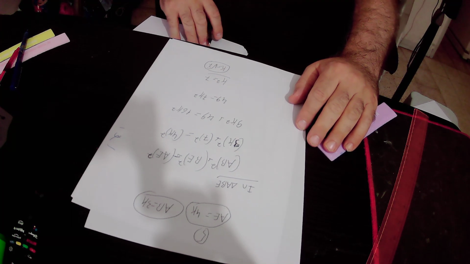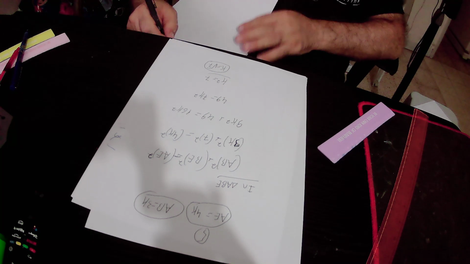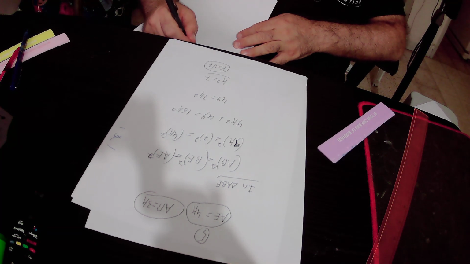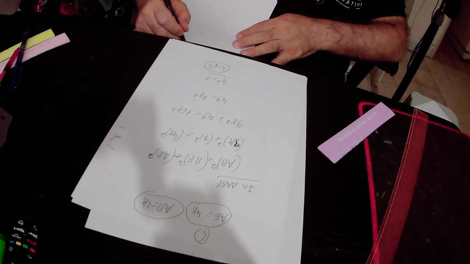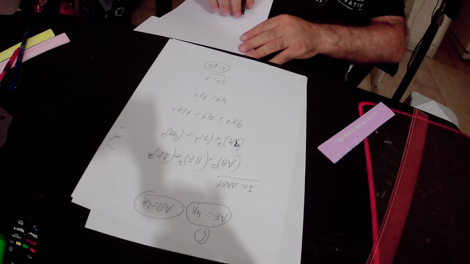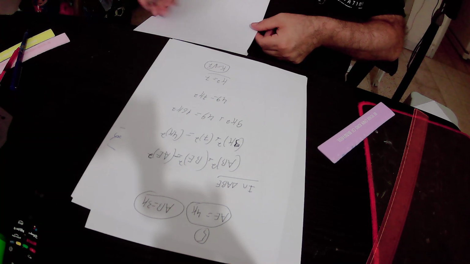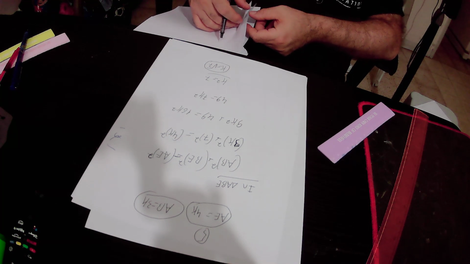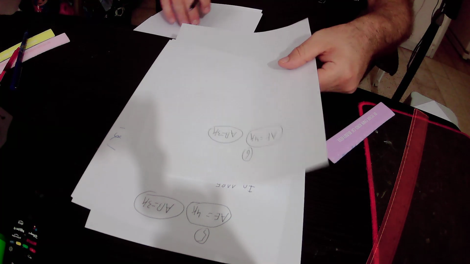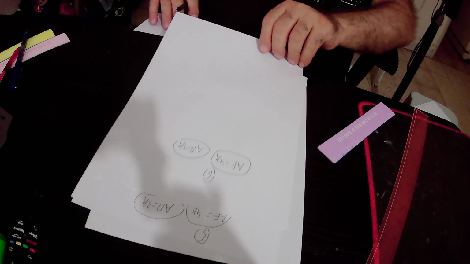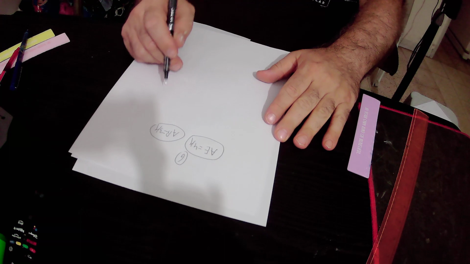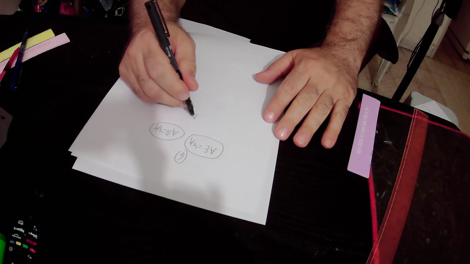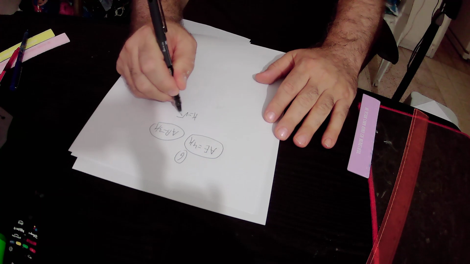So now we have already found out that AE equals 4K and AB equals 3K, and we also found out that K equals root 7.